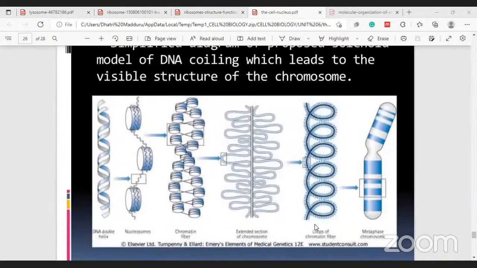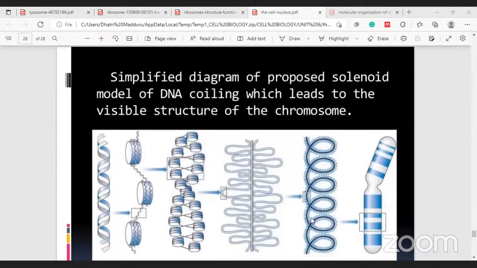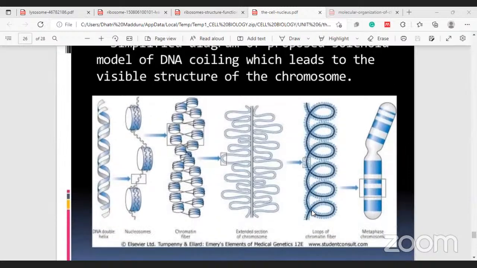This is a simplified model of DNA coiling. First the double helix, which is free form, then nucleosomes, that is DNA with histone proteins, which are further tightly coiled to form chromatin fibers, then they form loops, and finally in metaphase chromosomes it is tightly and completely packed.